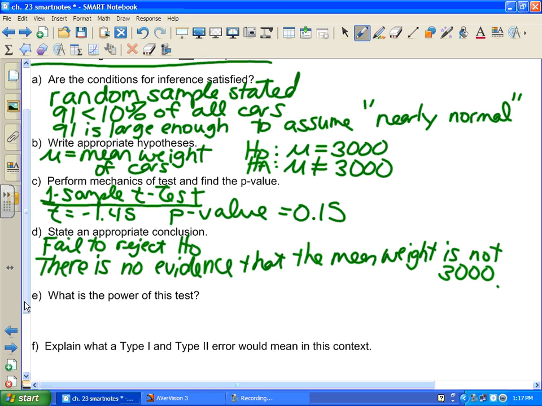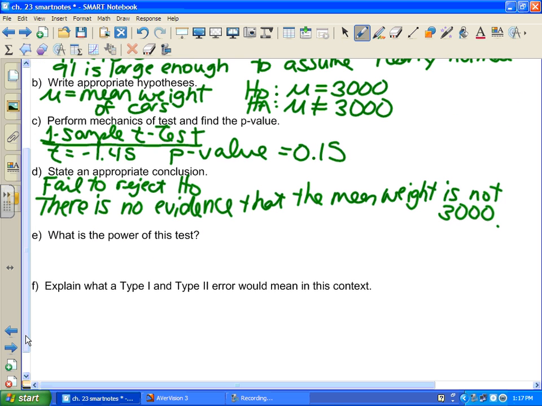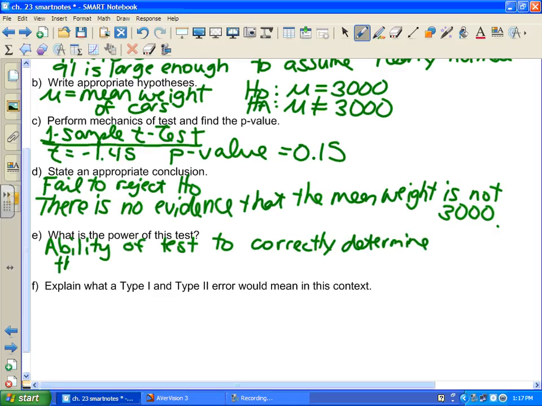So can anyone interpret the power for me? You can say it's the ability of the test to correctly determine that the mean weight is not 3,000. If you word it like this, it's important that you put correctly.